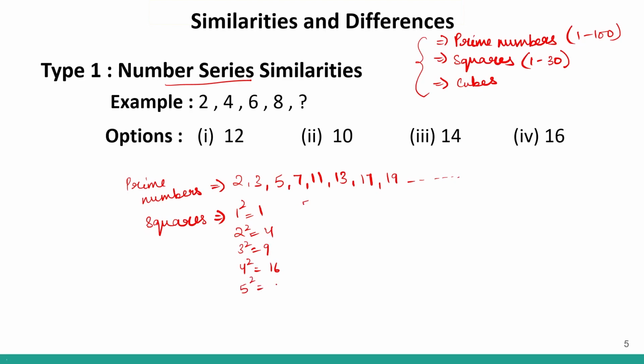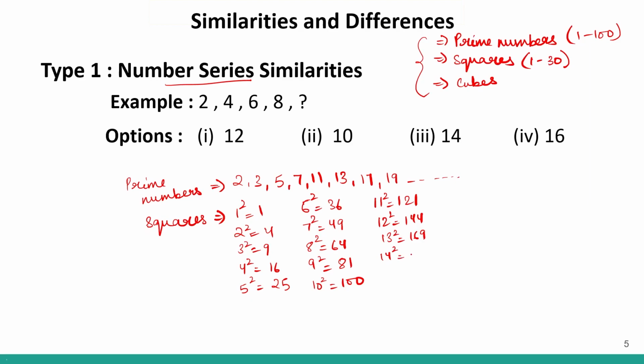Similarly, 5 square is 25, 6 square is 36, 7 square is 49, 8 square is 64, 9 square is 81, 10 square is 100. Correct? Now, 11 square is 121, 12 square is 144, 13 square is 169, 14 square is 196, 15 square is 225, and so on. So up till 30, you should remember.